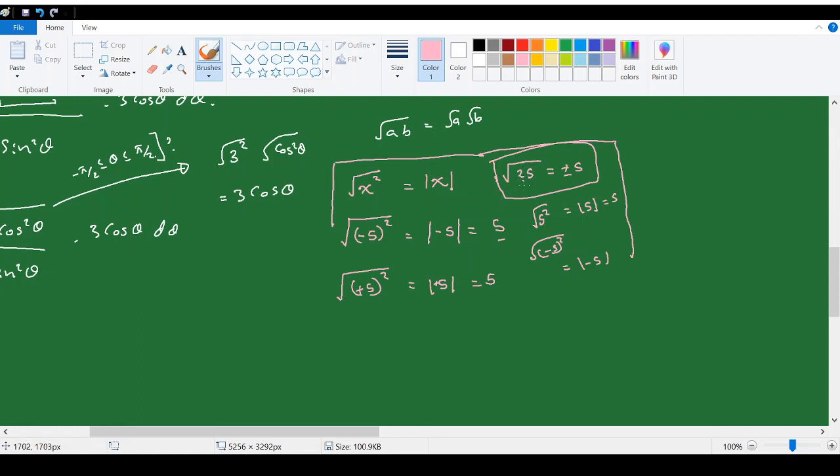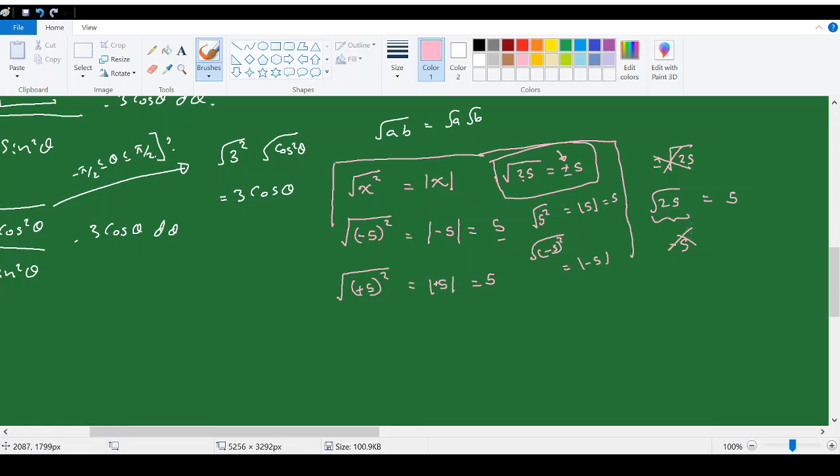But how are we going to get this as the result? If we need to get this one as the result, we should first write the square root along with a plus or minus. Otherwise, if you just write the square root like this, the answer is 5, and there is no such answer for this expression as negative 5.